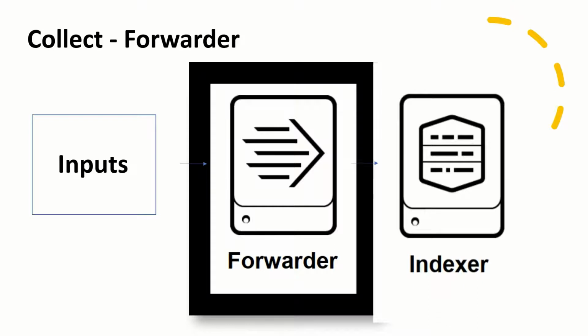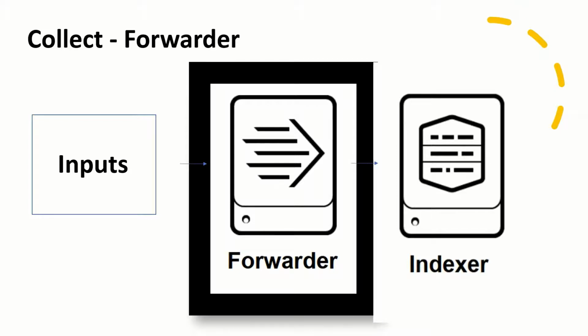In terms of Splunk, forwarders collect the data from the input. Input can be anything. It can be a Unix server, a Windows server, a syslog, or any application which can forward the data to Splunk, or Splunk can pull the data from those inputs.